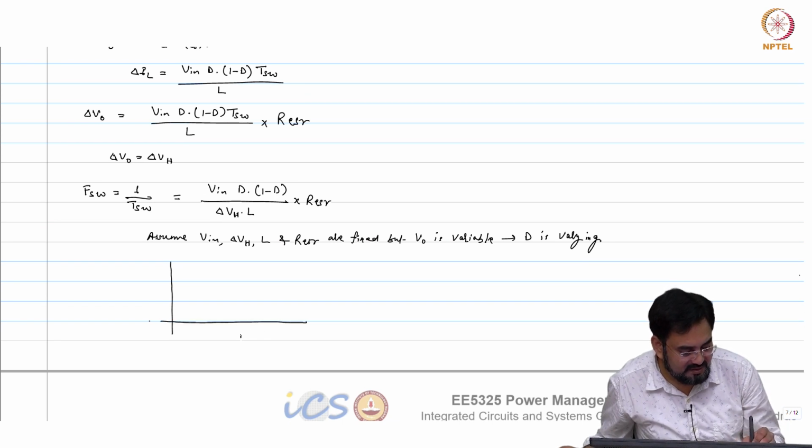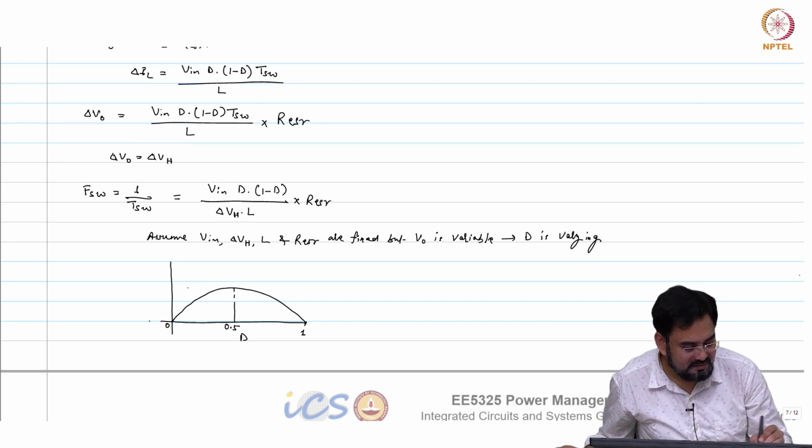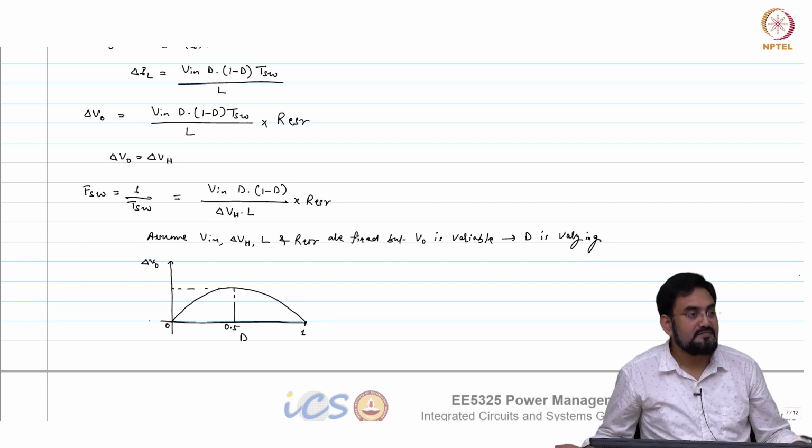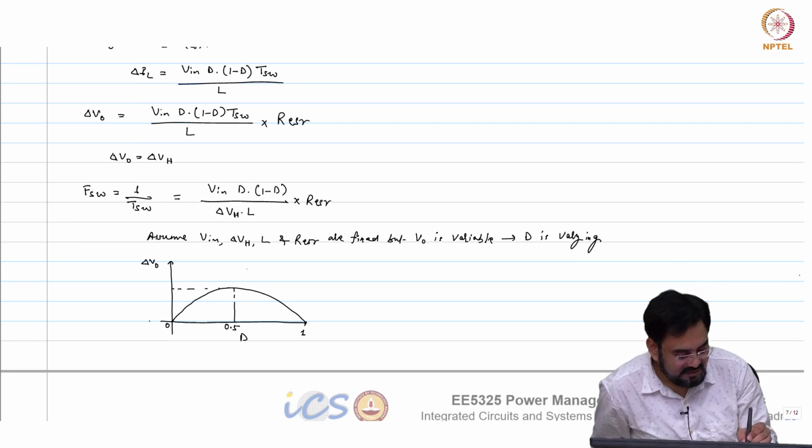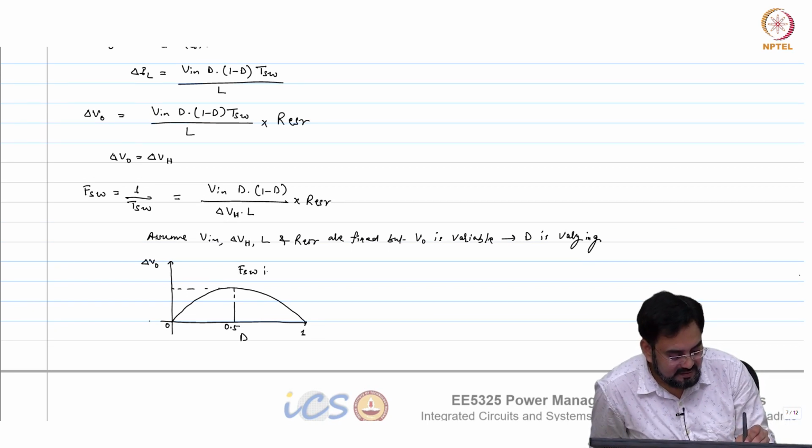If this is your D going from 0 to 1, it was symmetric around 0.5. This is your delta V, and this is for FSW fixed.